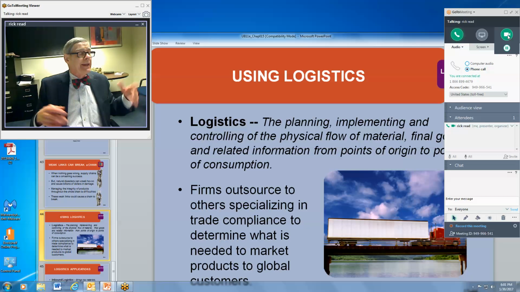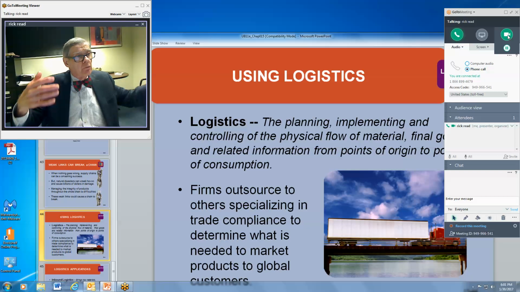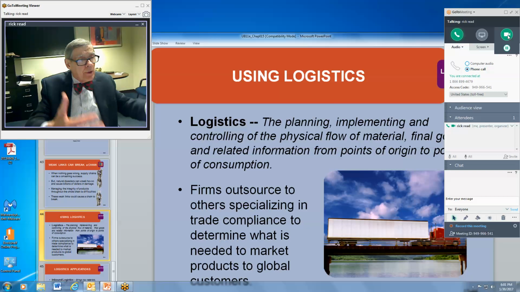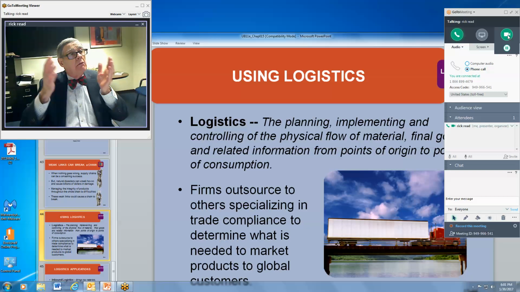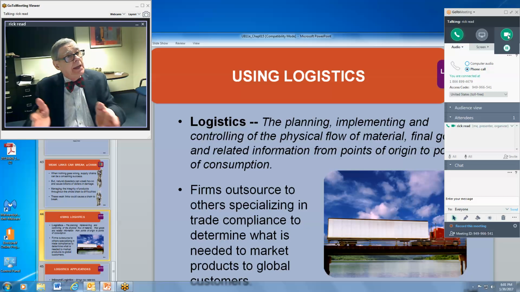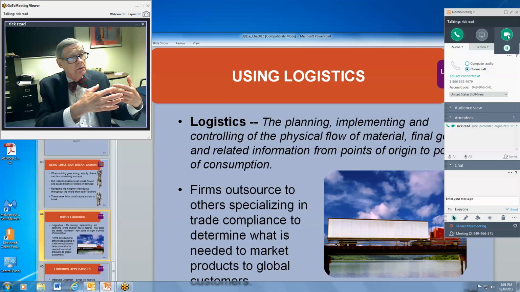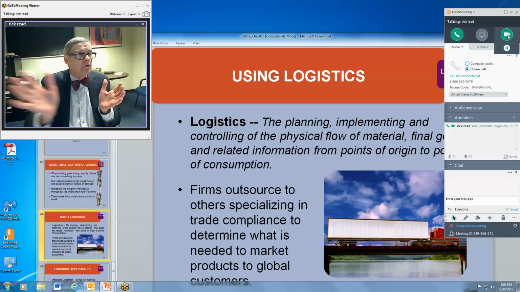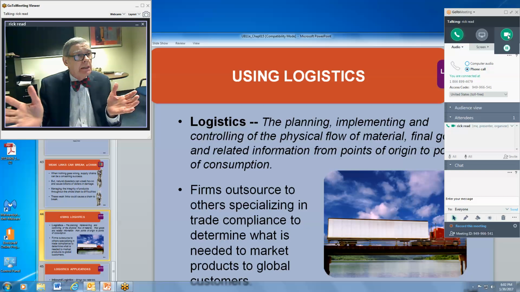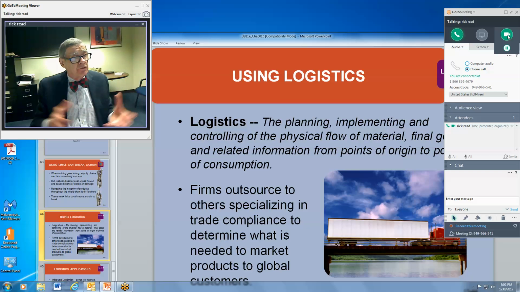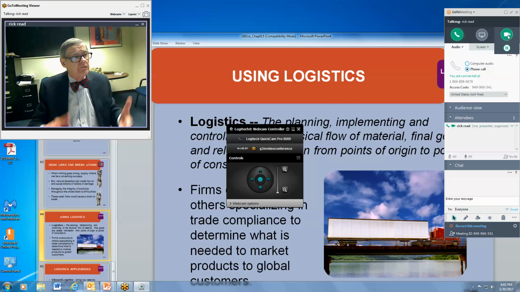It is planning, implementing, so it's all the steps that we have to take before we move anything, while we move something, and perhaps returning some things back to us. So it's not just movement of goods from point A to point B. It's everything we have to consider in that movement and even before.